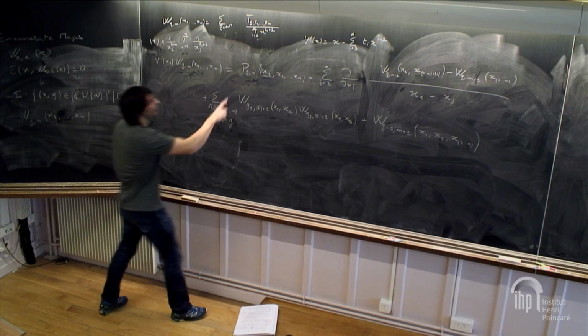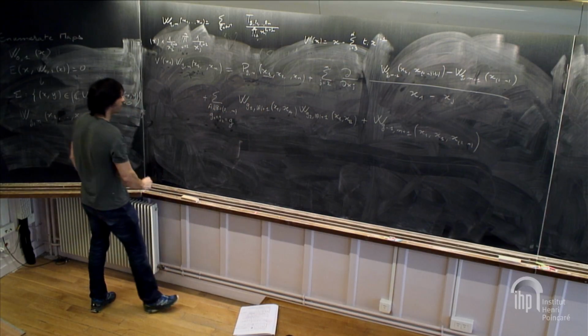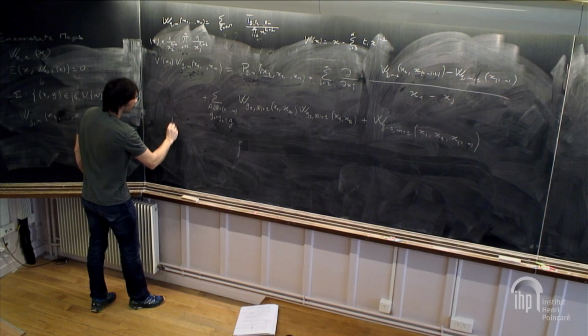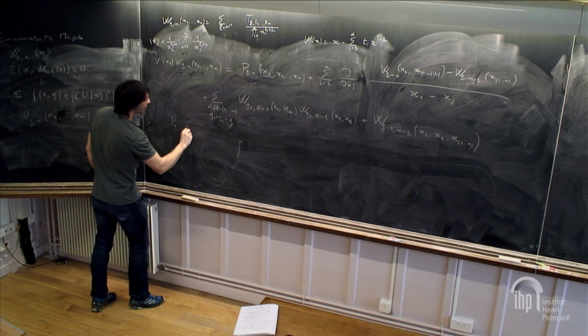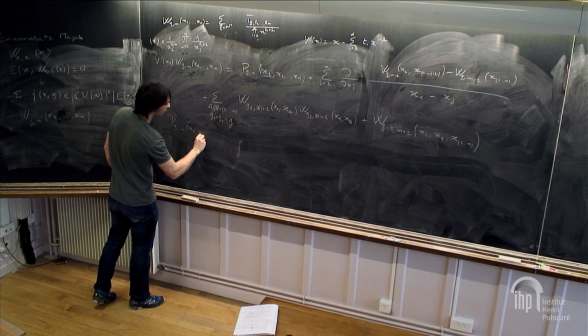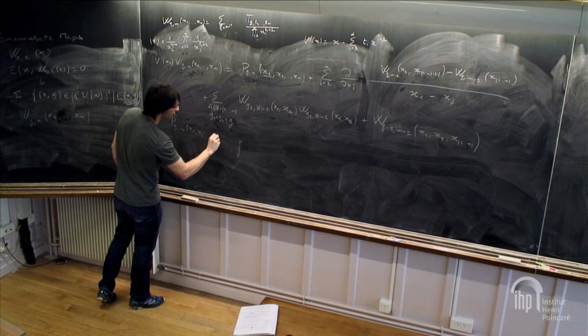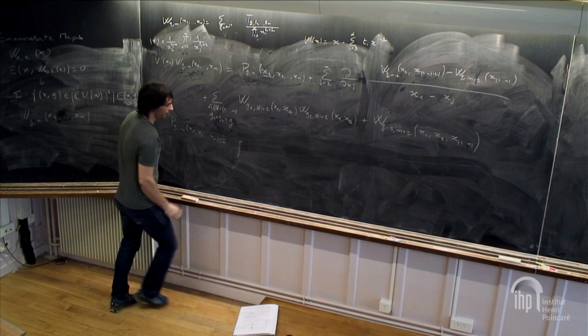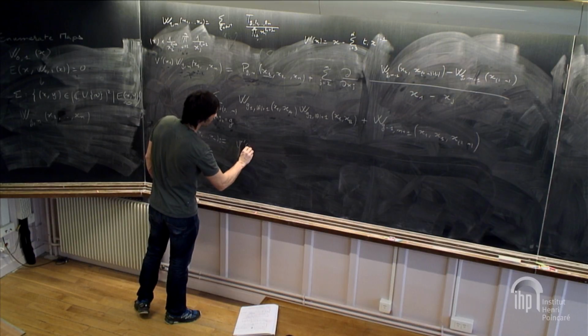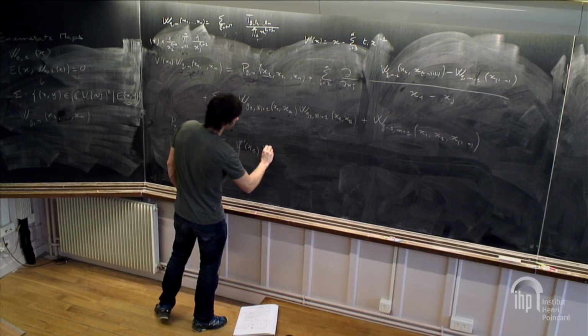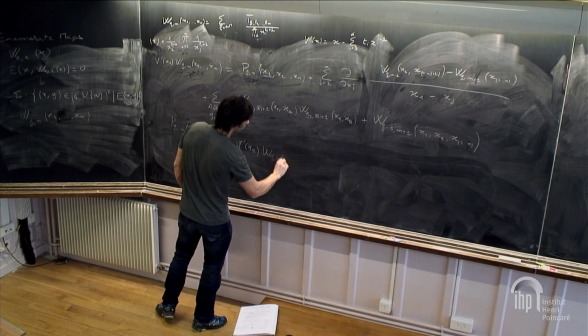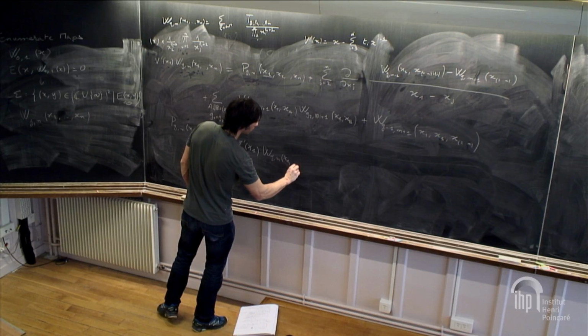Now, I told you this is a polynomial, but how did I get it? P_{g,n} of x1, x2, ..., xn is, by definition, v prime of x1 times W_{g,n} of x1, ..., xn.